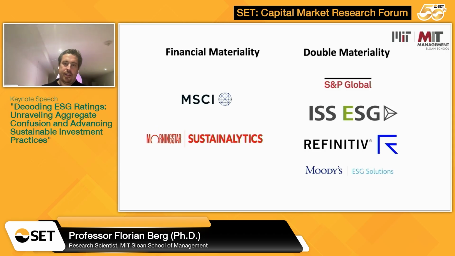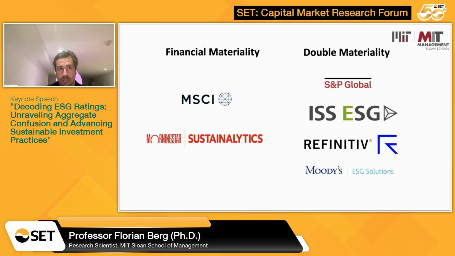When you classify ESG raters according to financial materiality and double materiality, on the hard end of the financial materiality, it's MSCI and Sustainalytics. MSCI is an American data provider. They made the choice to be purely financial material in 2013-14. Sustainalytics got bought by Morningstar and made this choice in 2018-2019.